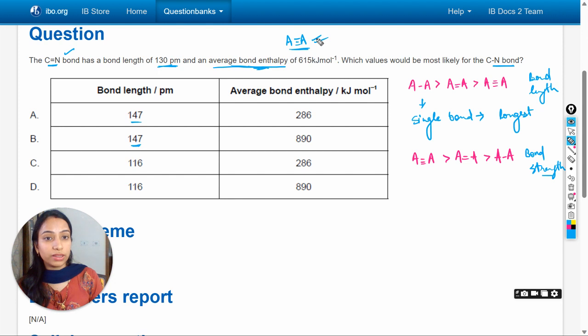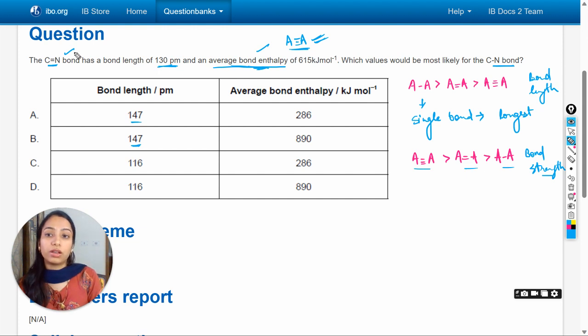So if the strength is increased, then the bond enthalpy also increased, which means the energy required to break this bond is also increased. So here we can see that the bond strength is highest in case of triple bond, then double bond, and then single bond.